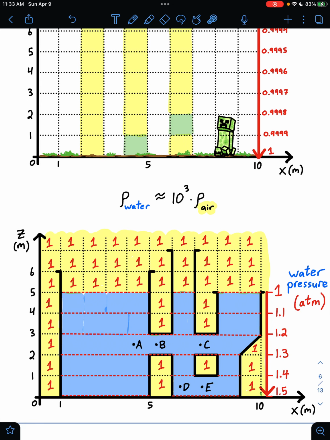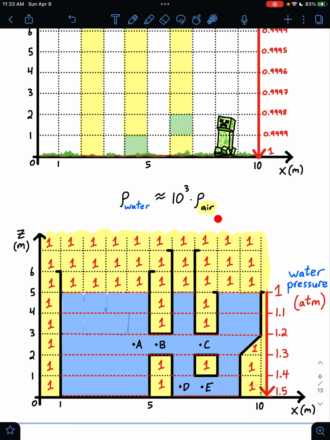A final note here, to compare our conclusions about pressure in a gas and pressure in a liquid, we recognize that the very gradual decrease in pressure with altitude in a gas versus the very rapid increase in pressure with depth in a liquid is ultimately due to the differences in density between the two materials.